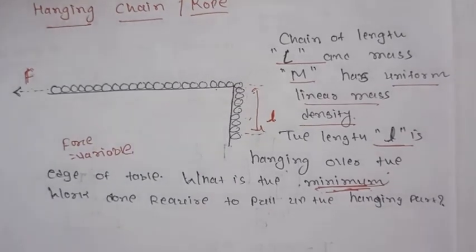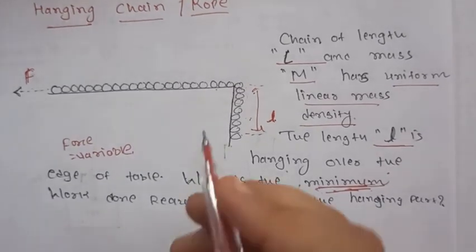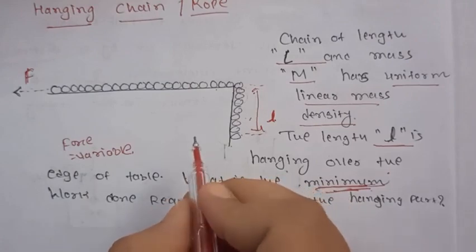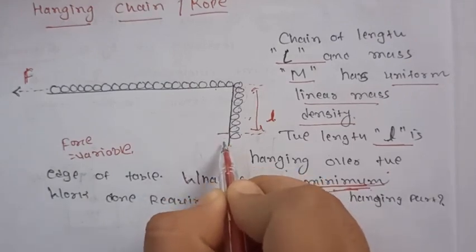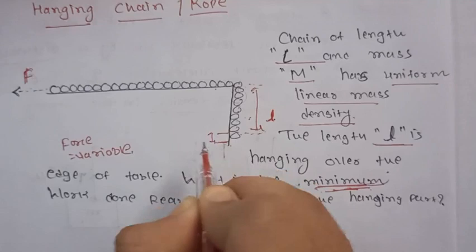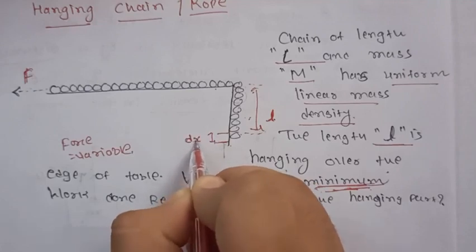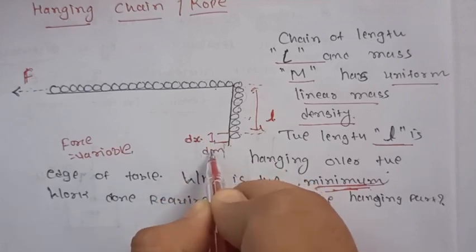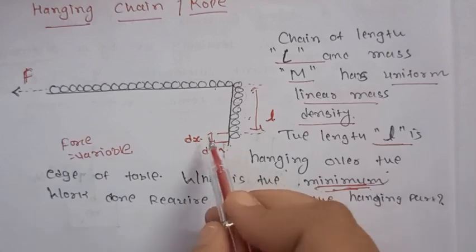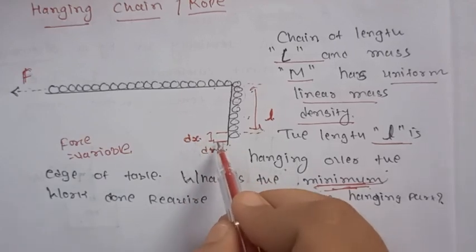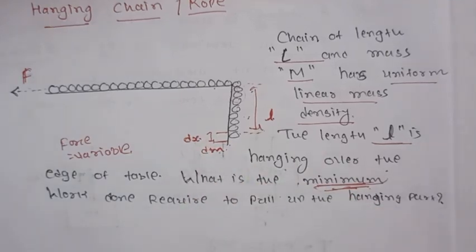Now let us assume a small part dx having mass dm. So first of all we will find the mass of this part.